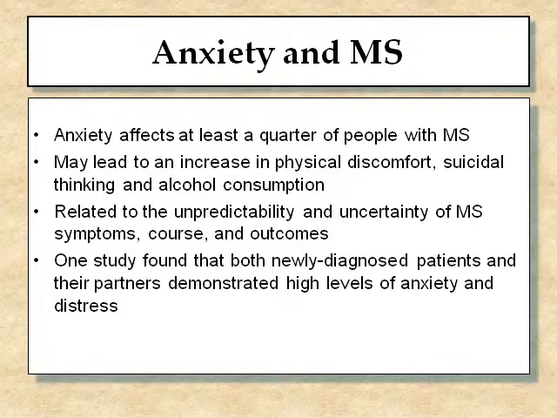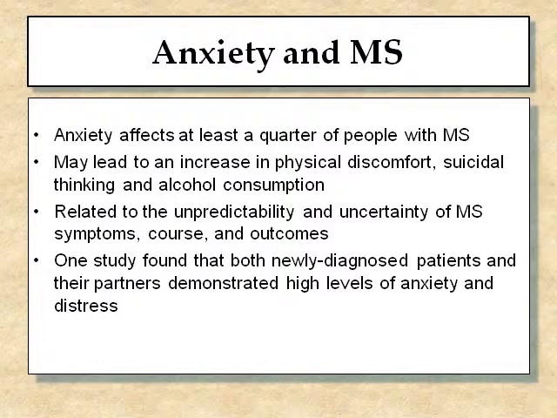We get anxious when we don't know. We get anxious when someone can't give us the answers. It's normal. But anxiety may lead to an increase in physical discomfort, even suicidal thinking, or an increase in alcohol consumption, alcohol abuse, prescription drug abuse.